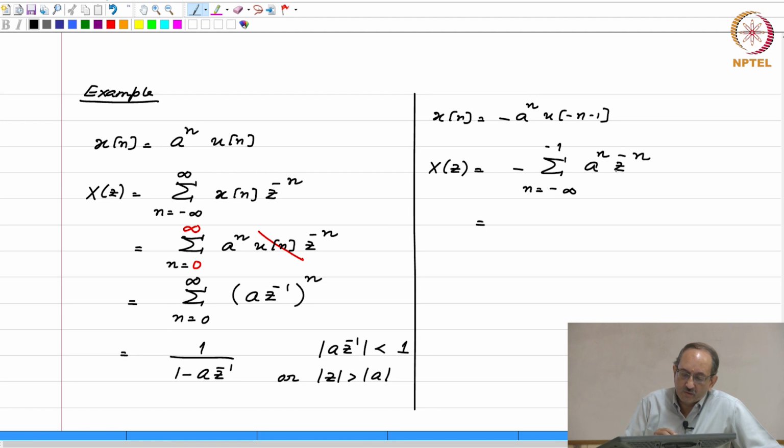So, you can now make a change of variable l to be minus n. The only difference of course is that the condition under which this is valid turns out to be now mod z less than mod a.